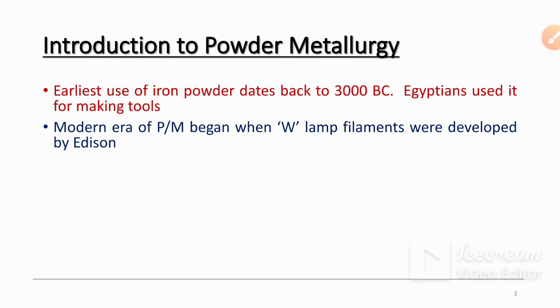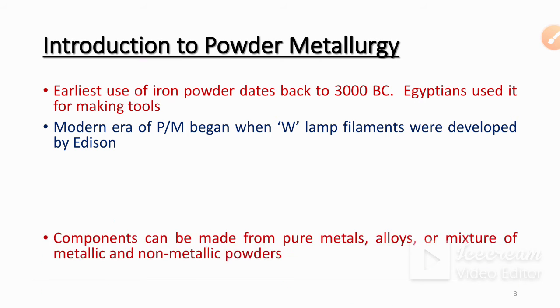So by using conventional furnaces, it is quite difficult to melt tungsten and make a product from it. So the best method for creating tungsten filaments is to create powder of tungsten, and then by compressing and sintering the tungsten powder, we can create a tungsten filament. That is one of the applications of powder metallurgy.